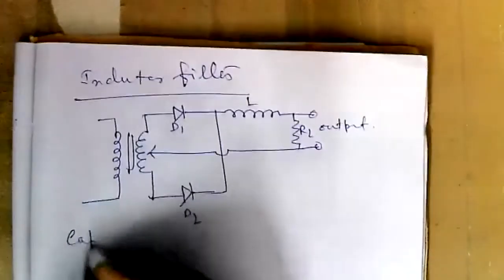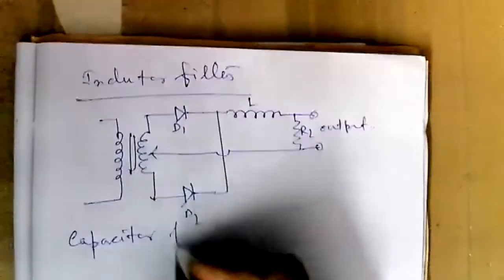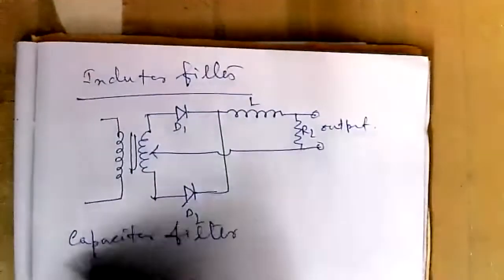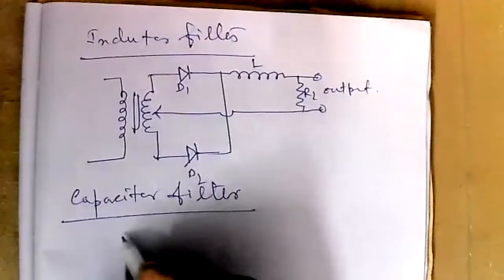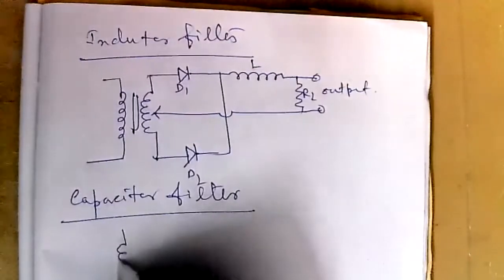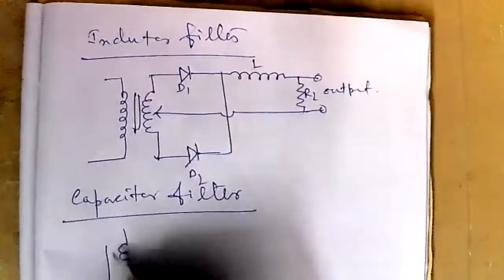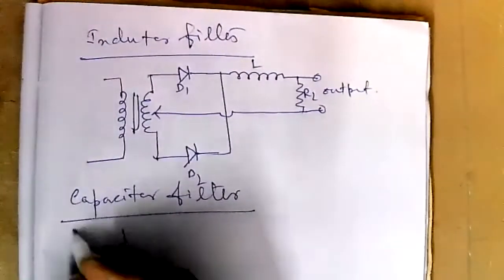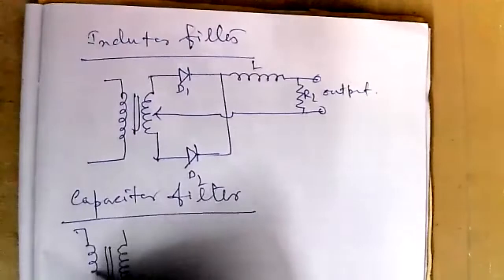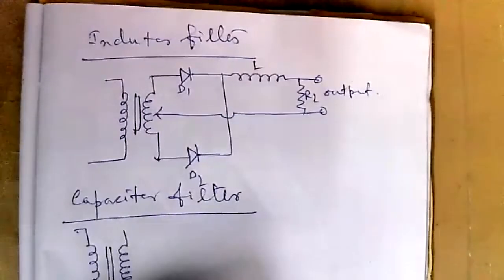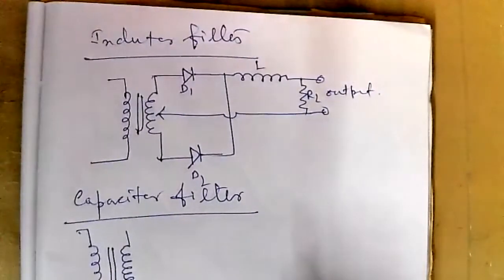Then we have the capacitor filter. Here the capacitor is used in parallel because a capacitor passes AC but blocks DC completely. The resistance of the capacitor to DC is infinity.